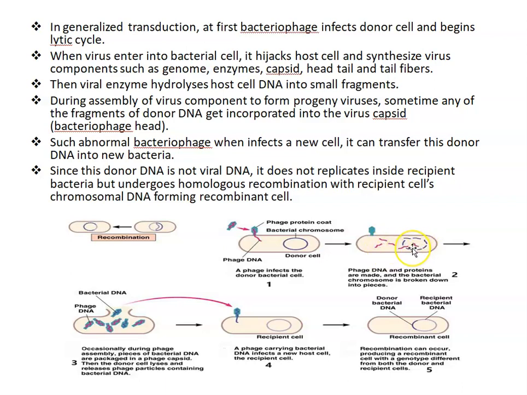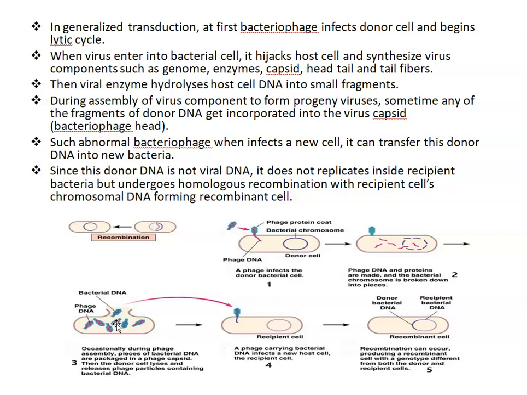During the assembly of virus components to form new viruses, sometimes any of the fragments of donor DNA get incorporated into the virus capsid. Such abnormal bacteriophages, when they infect a new cell, can transfer this donor DNA into the new bacterium.